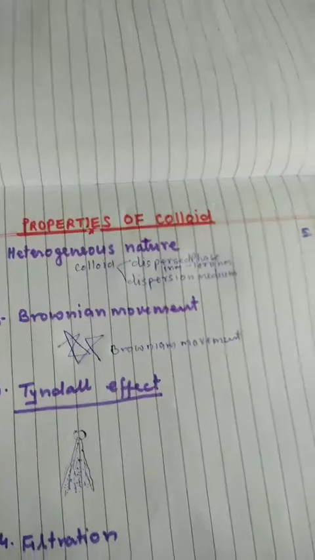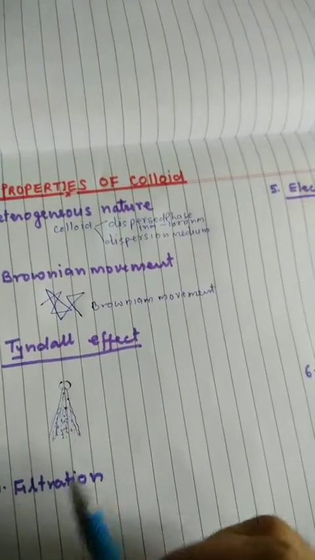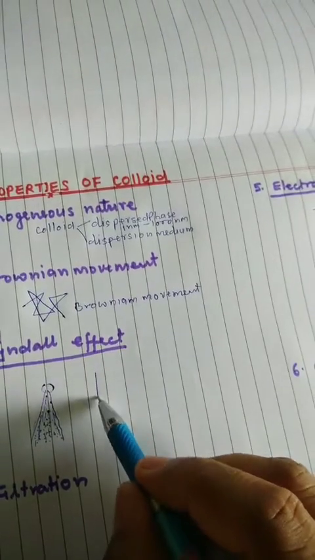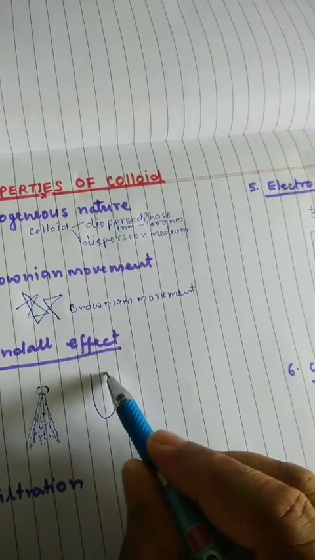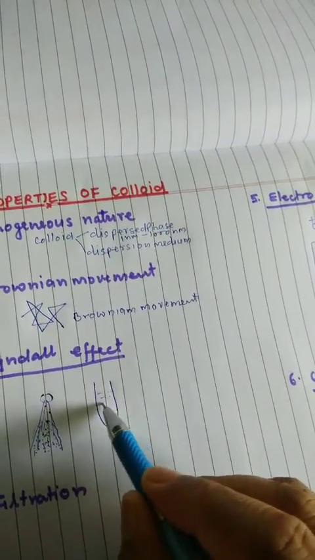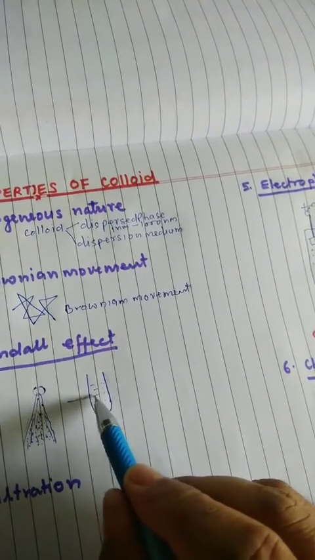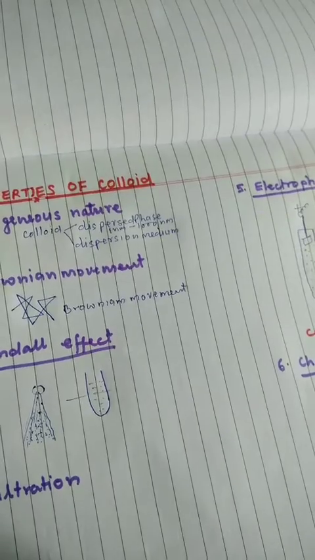The beam of light is scattered by the particles of the dust present in the air. So this effect is called as Tyndall effect. So what happens if you pass the beam of light through the true solution, then the path of light is not visible inside the true solution.